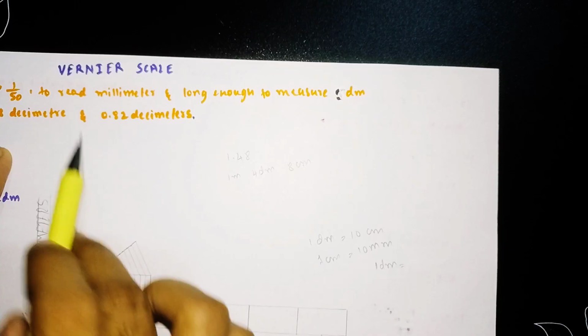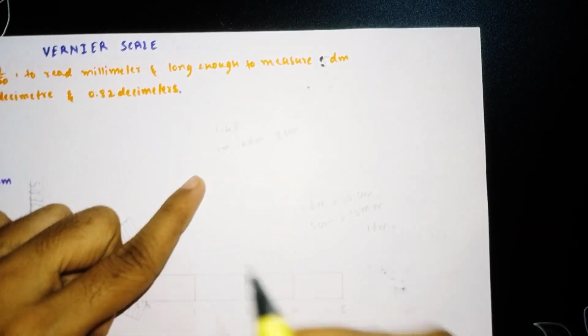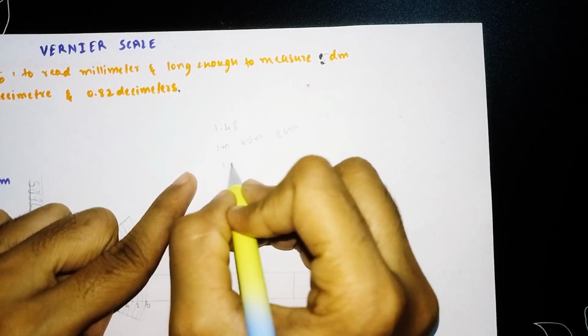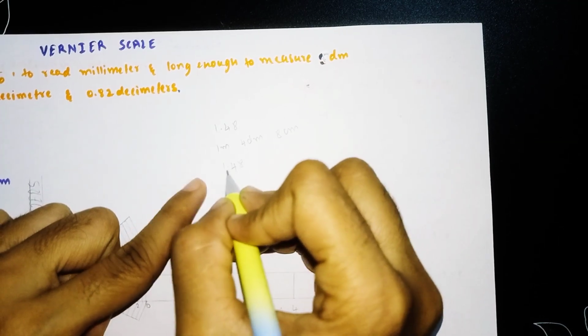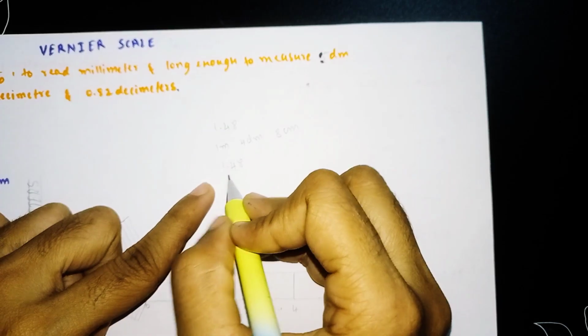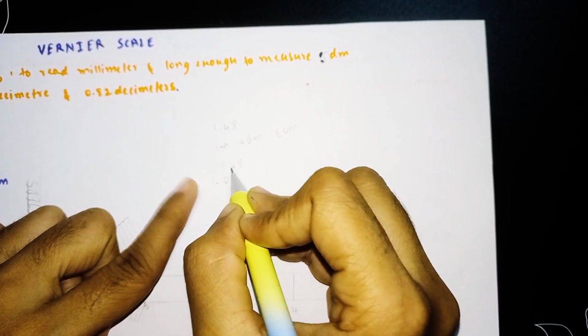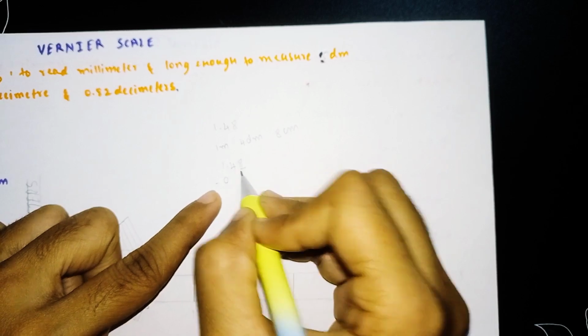When it comes to the vernier scale, we should not apply this concept here. Here, for 1.48, we have to subtract with the last digit, whatever it may be.